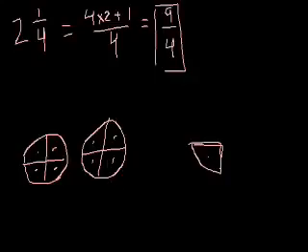So let's go the other way. Let's figure out how to go from an improper fraction to a mixed number. Let's say I had 23 over 5. So here we go in the opposite direction. We take the denominator, we say how many times does it go into the numerator, and then we figure out the remainder.